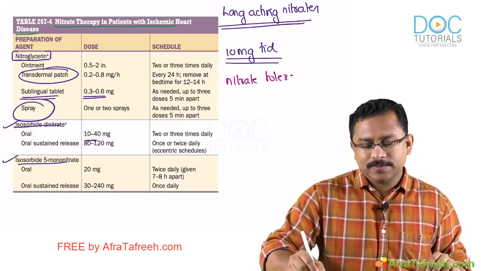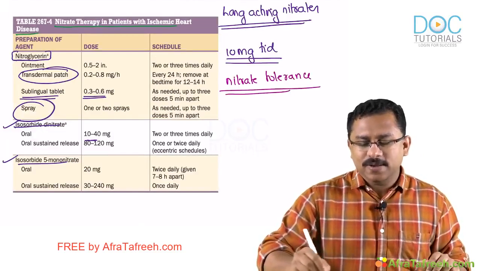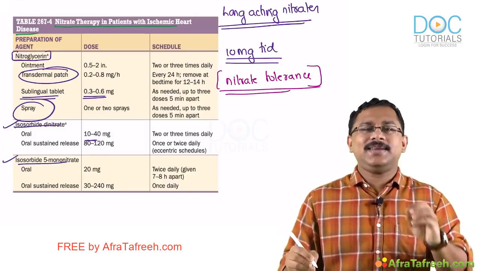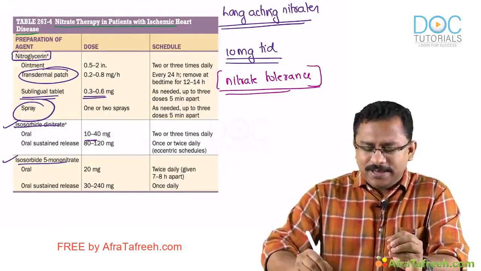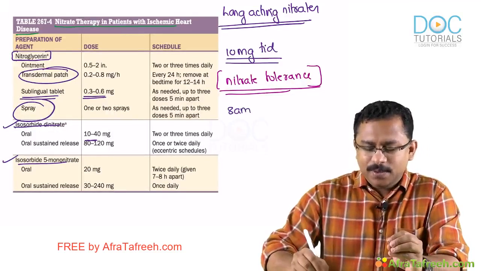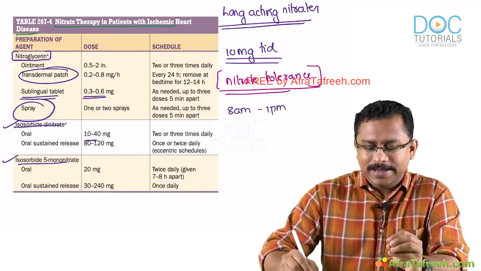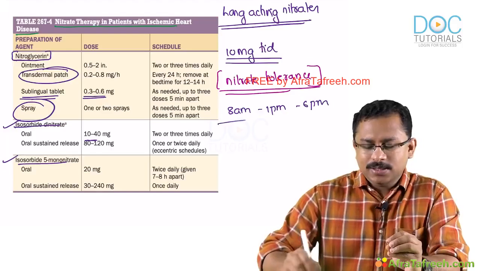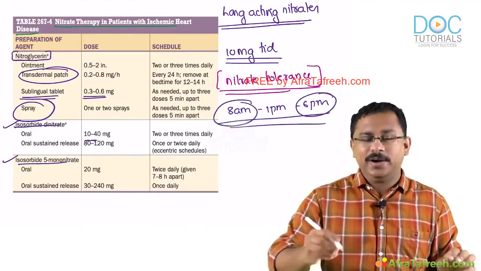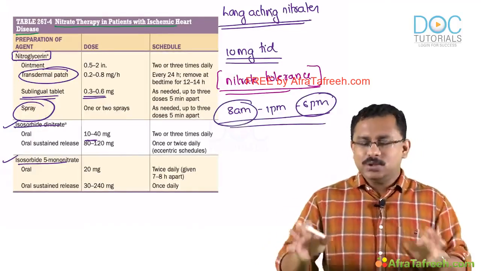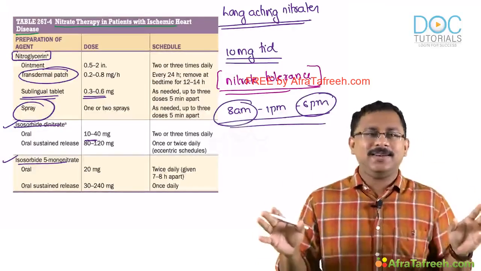When you give isosorbide dinitrate 10 milligram TID, you usually give it around 8 AM, 1 PM and 6 PM. Which means between the night dose at 6 PM and the morning dose at 8 AM, you have almost a 14-hour interval.